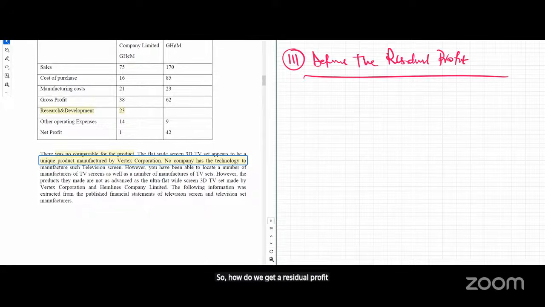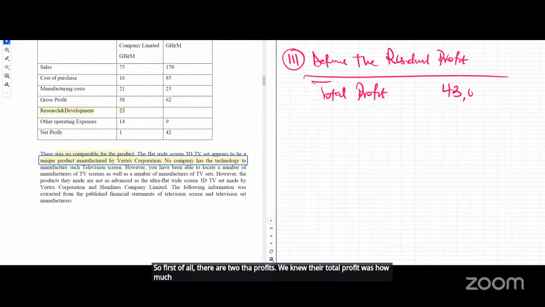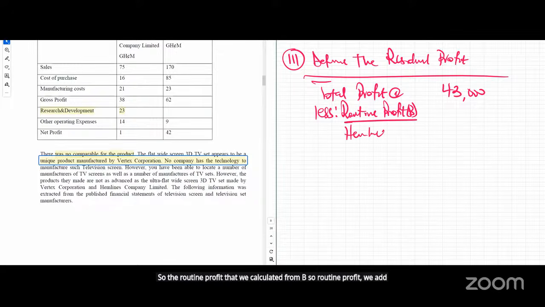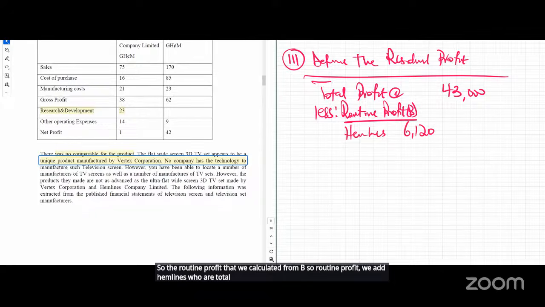So first of all, what's their total profit? We knew their total profit was how much? It was 43,000, right? Then we less the routine profit. So the routine profit that we calculated: Hemlines had total routine profit of 6,120.